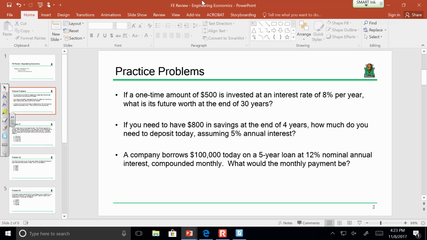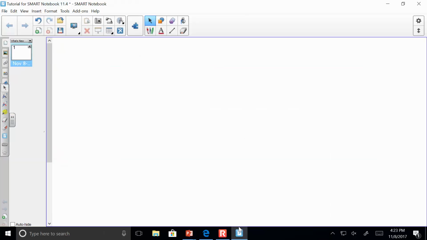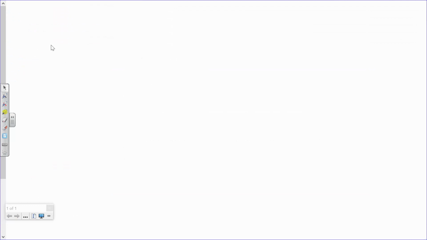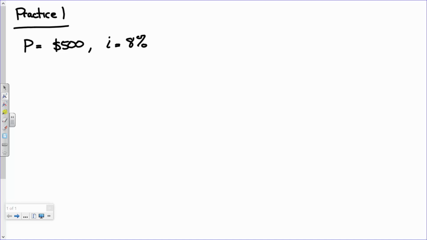So practice 1: our present value is $500 at an interest rate of 8% and a number of periods of 30 years.